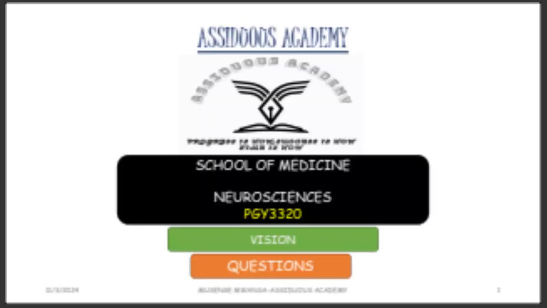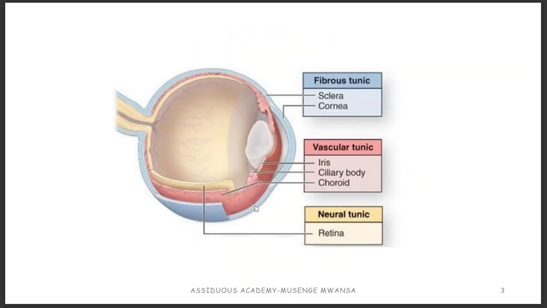Okay, so let's just look at it. When we are talking about the layers of the eye, basically we have three layers. The outermost layer is the fibrous layer or fibrous tunic, where the posterior 5/6, the majority, is the sclera, and then the front, which is transparent, is the cornea.